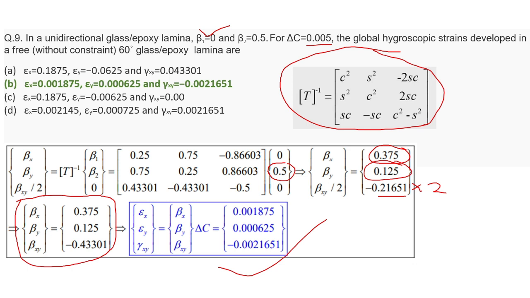So that is how you have to solve. It is like using the equations that we learned about the coefficients of thermal and moisture expansion, and also from previously the changing of material axis to global axis, and combining these two, we get this question.